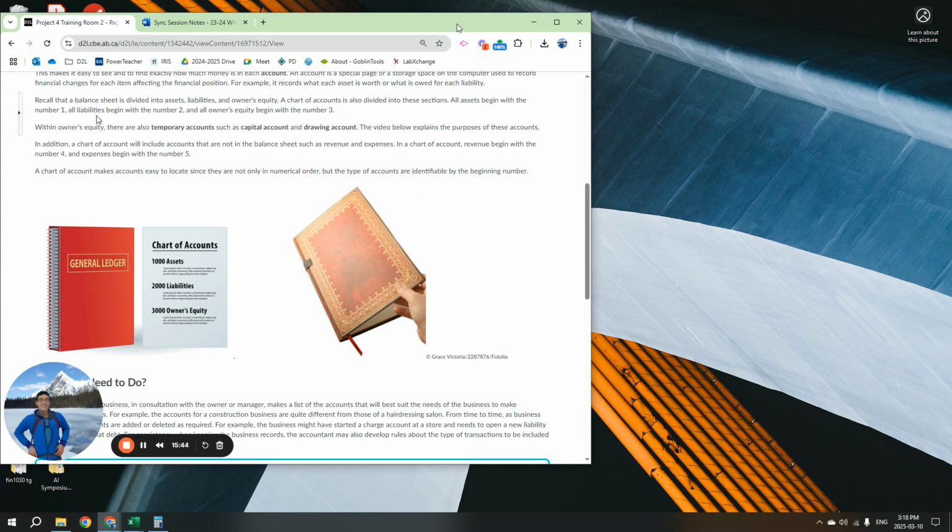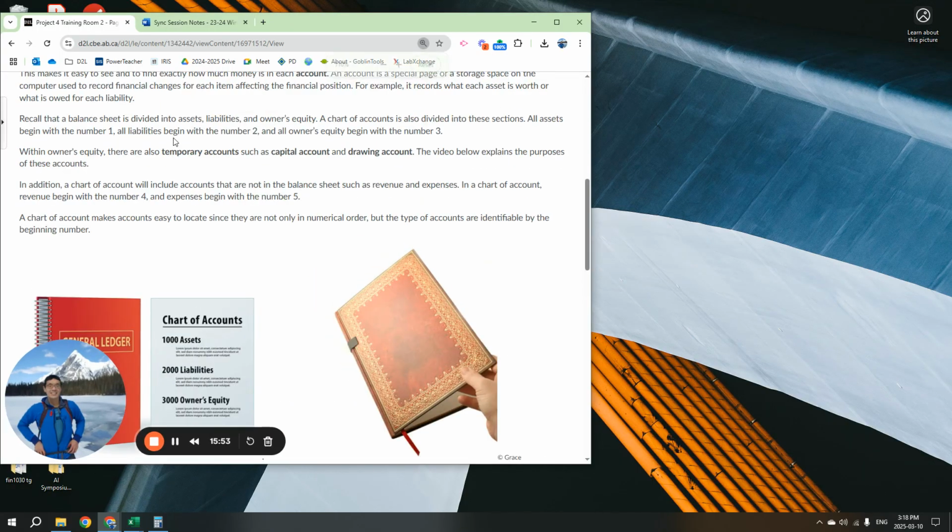And here are the key rules for the chart of accounts. Recall that a balance sheet is divided into assets, liabilities, and owner's equity. All assets begin with the number 1. So you could have 2-digit account numbers, like 10, 11, 12, 13, but then you're limited to 10 accounts, because numbers starting with 2 are all liabilities, and numbers starting with 3 are all the owner's equity.